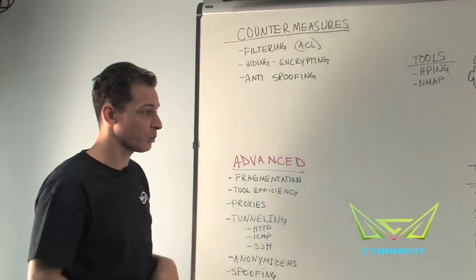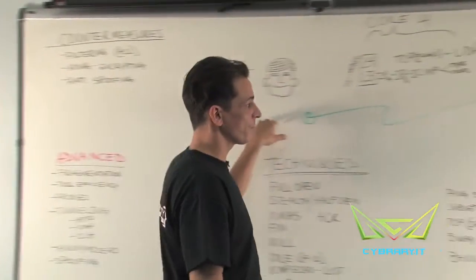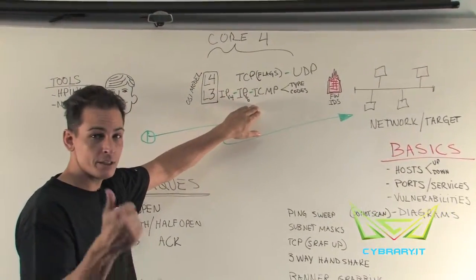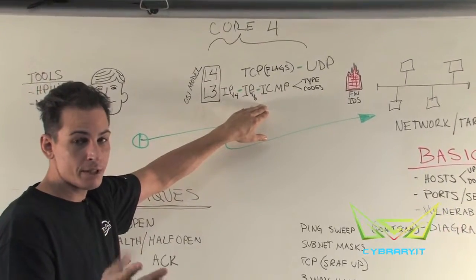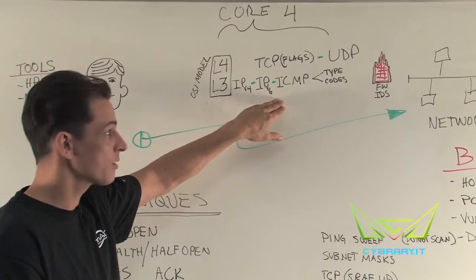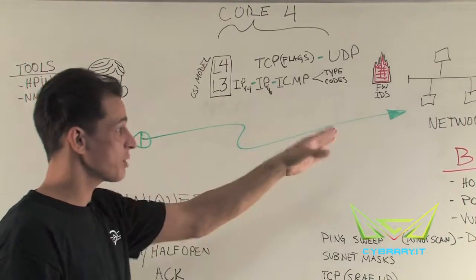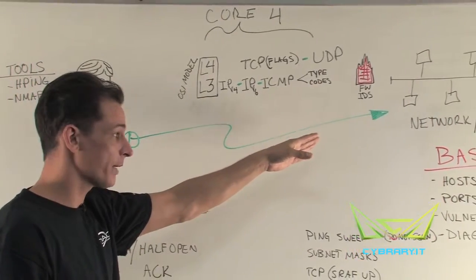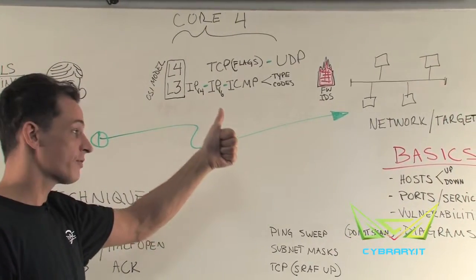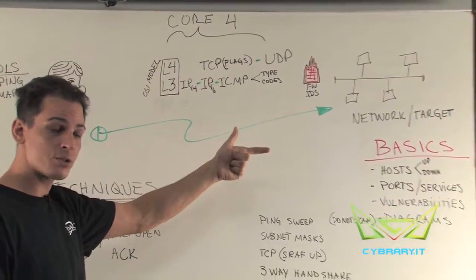So let's summarize once again. You have a target. You're going to use the core four: TCP, UDP, ICMP, and IP, either version 4 or version 6. That's the only connection mechanism you have between you and your target. Okay? You're going to start looking for hosts, see if they're up or down. If so, what ports and services are they using?